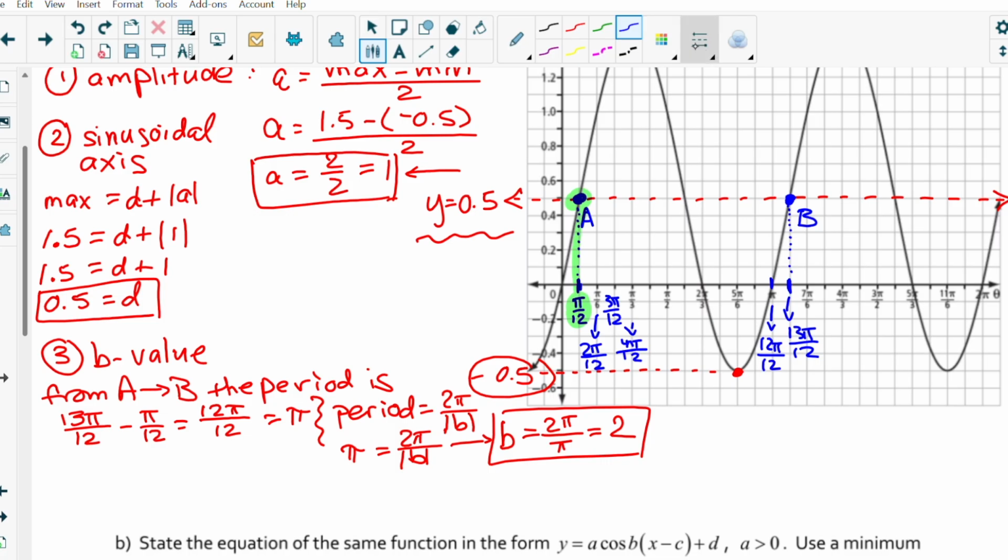Okay, another way to think about it is, let me label point C. So this is still on the b value. Let's label point C right here on the sinusoidal axis. To go from A to B to C, here's a recap. From A to B to C, that is a 2 pi distance, right? This is 2 cycles of the transformed graph.